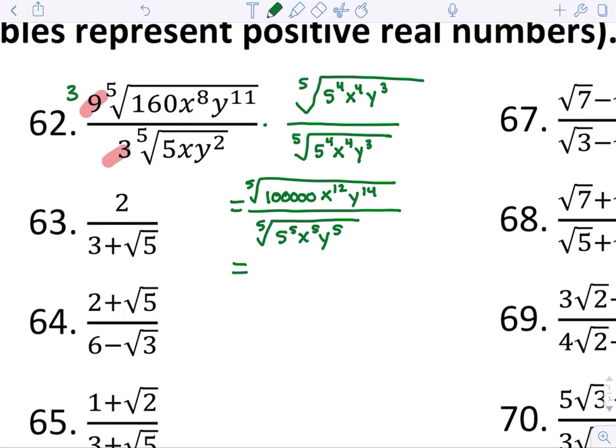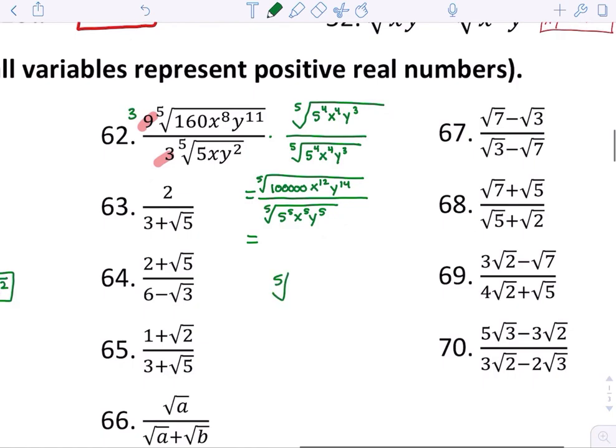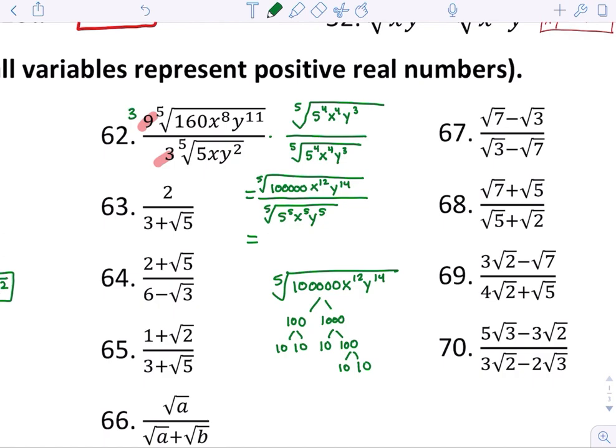Okay, so focusing on the top, let's do that down here. 100,000. That is a nice clean number, so we could do, right, multiple things. So I'll just do 100 and 1,000. 10, 10. This one I'll just do 10 and 100. 10, 10.